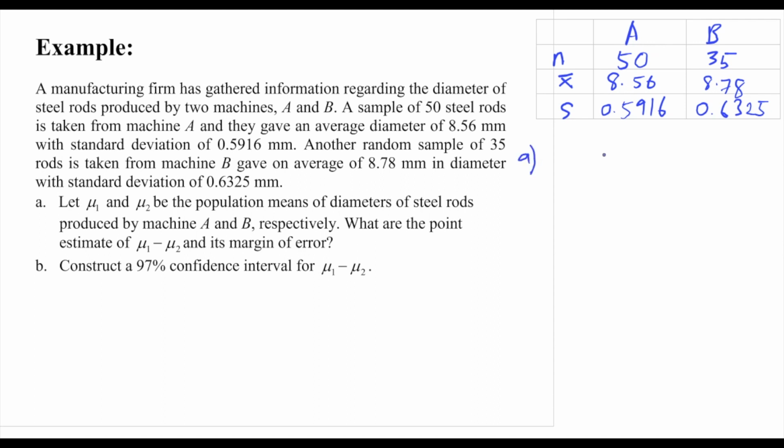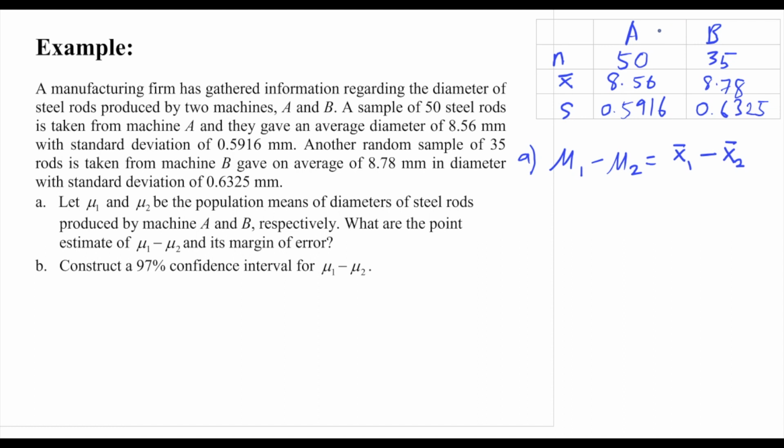Question A. Let mu1 and mu2 be the population means of diameter of steel rods produced by machine A and B respectively. What is the point estimate of mu1 minus mu2? Okay, so the point estimate of mu1 minus mu2 would be x bar 1 minus x bar 2.